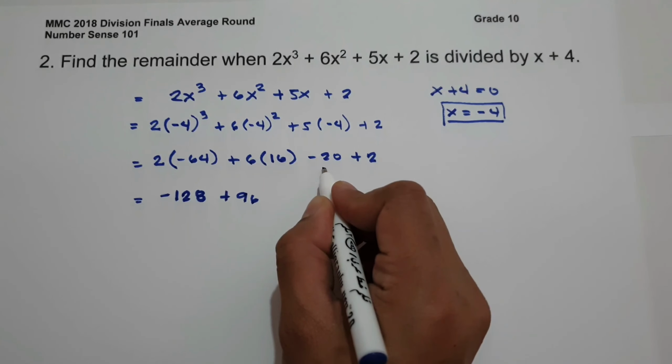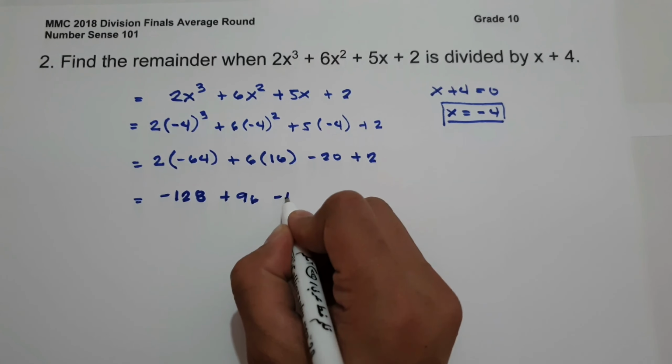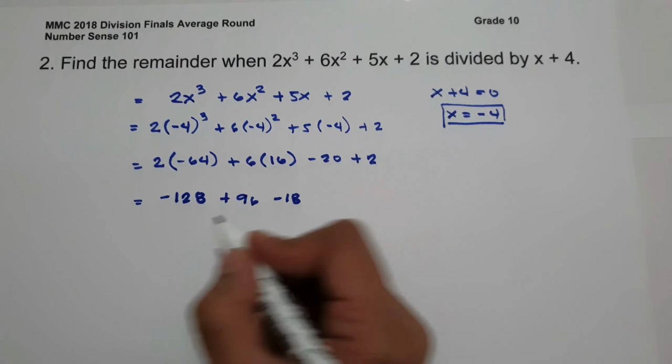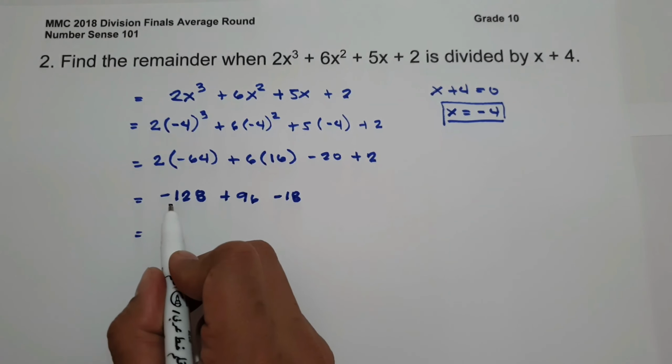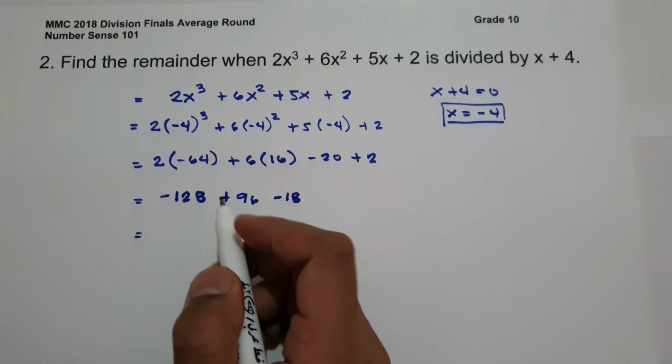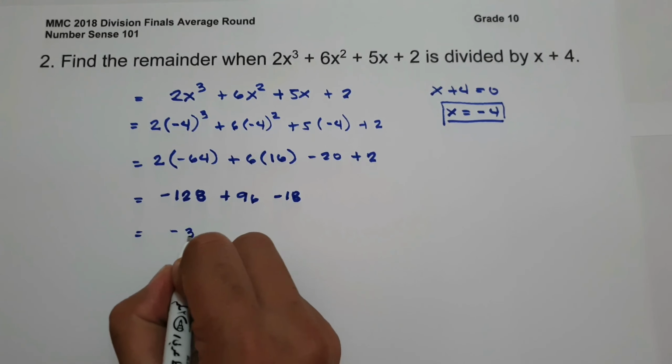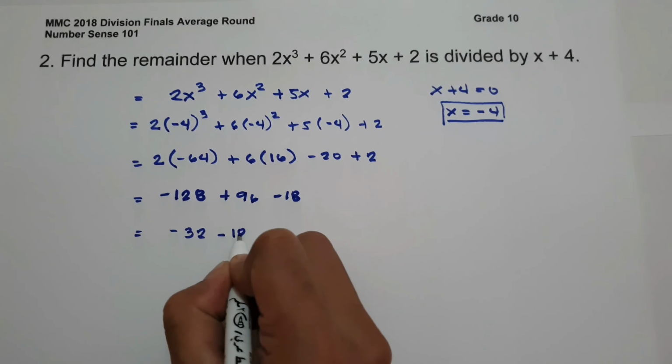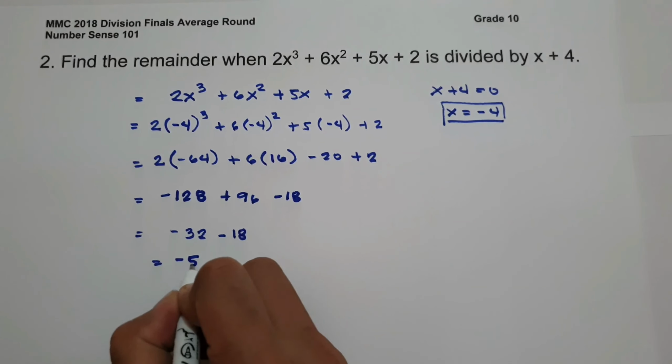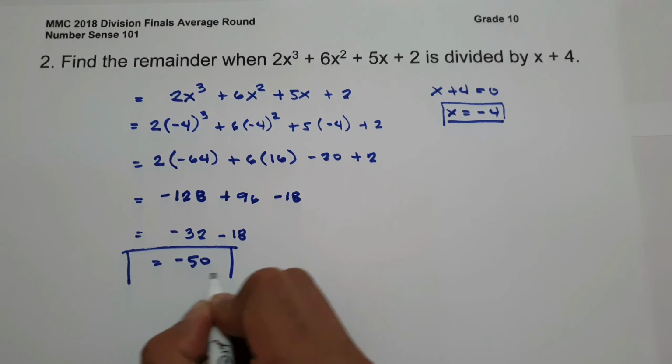Negative 20 plus 2 is negative 18. So negative 128 plus 96 is negative 32, minus 18 is negative 50. So this will be our answer.